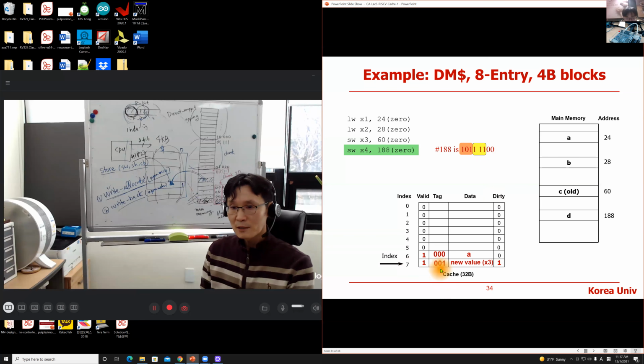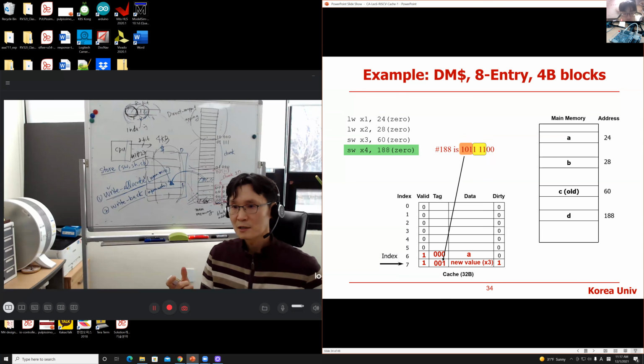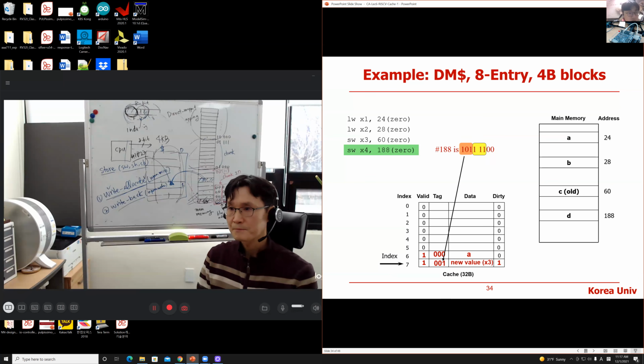Miss. Why? Because this memory block came from location 60, so its chunk ID is 001. But you are looking for chunk ID 101. Comparing these two, they are not equal.